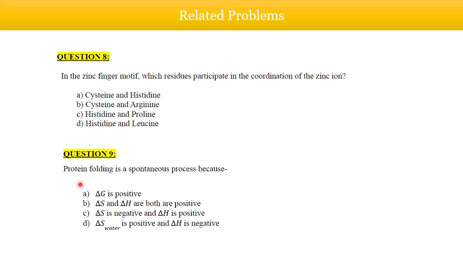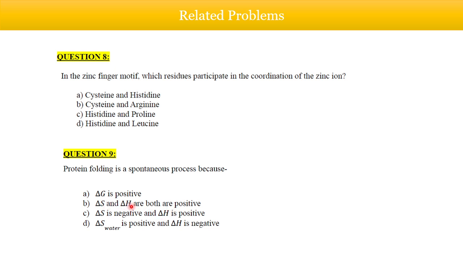Let us go through the options one by one. We all know delta G equals delta H minus T delta S. Delta G being positive indicates a non-spontaneous process. Delta G has to be negative. For delta G to be negative, what do we require? We require delta H to also be negative. So delta H being positive is incorrect.